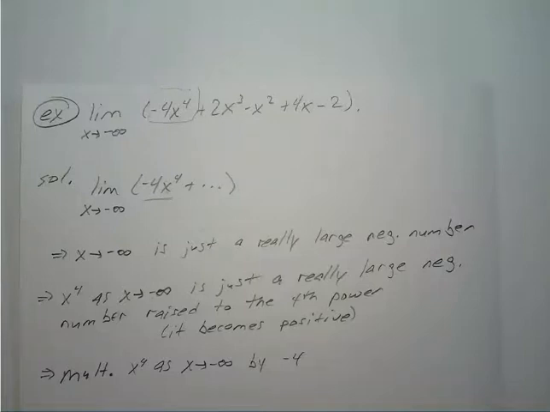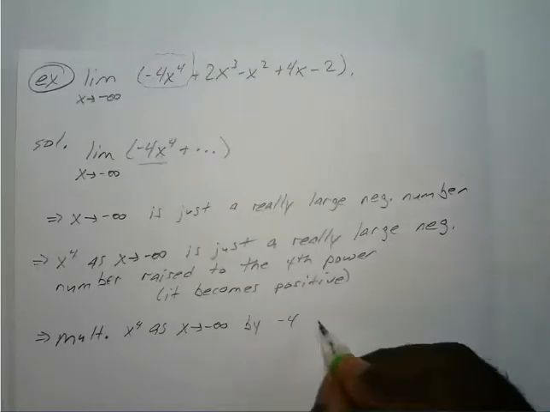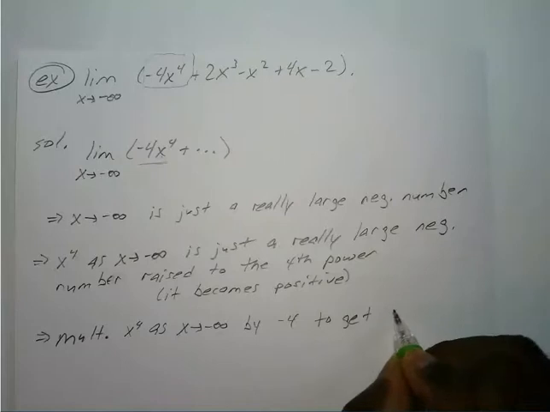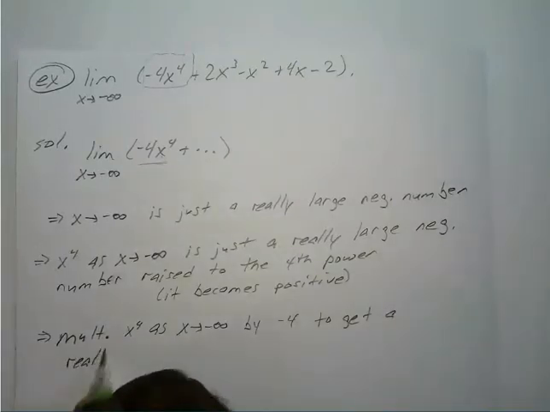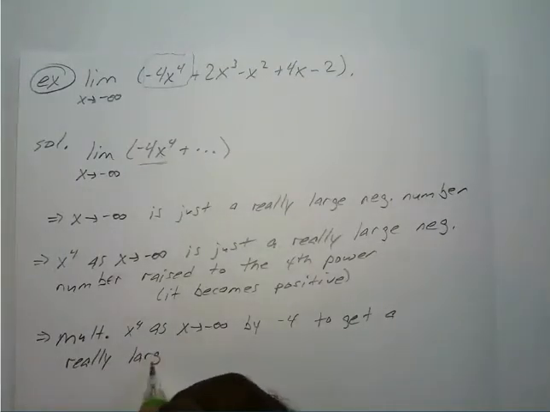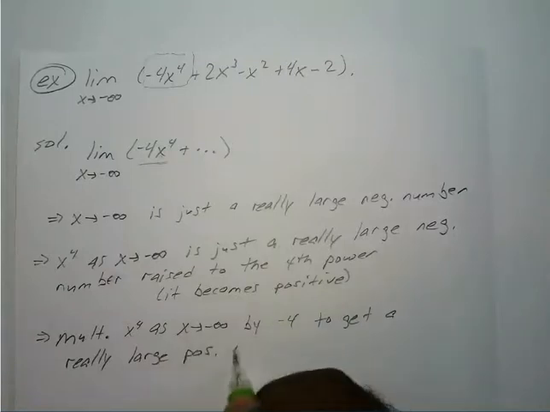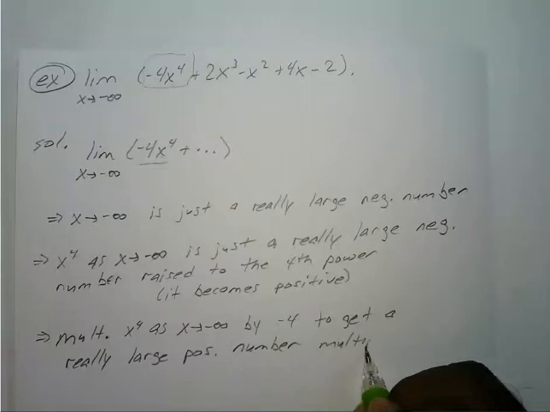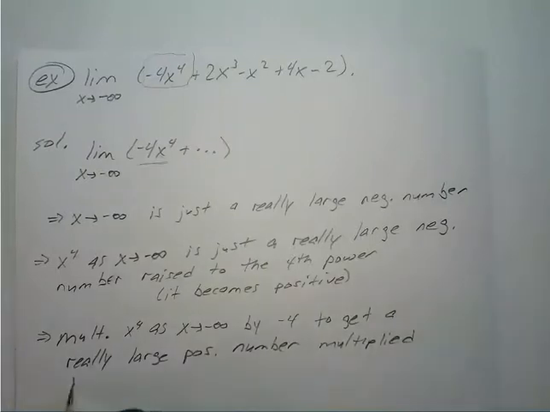All right. So what you have here is a really large positive number multiplied by a negative number, to get a really large positive number, multiplied by negative 4.